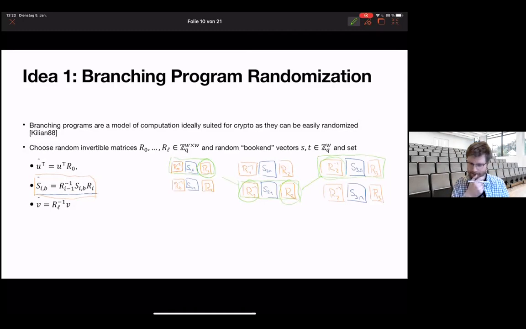So when I do my evaluation, I will still get the correct outputs, except for, of course, these things in front here, this R0 inverse, and for that, this R3, which I'm taking care of with these bookends.